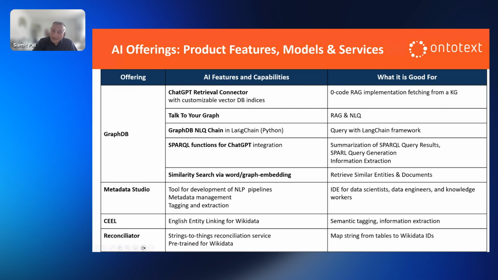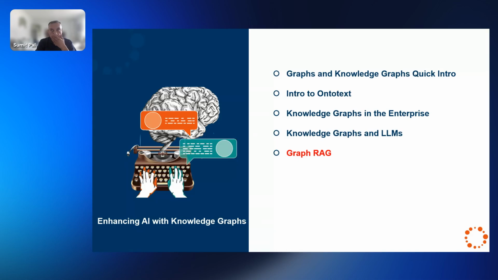We integrate with LangChain in Python to build GenAI-based applications with graph databases. And we have also developed capabilities to do entity linking with semantic tagging, semantic annotation, and information extraction. We have added these capabilities into our product stack for LLM integration.